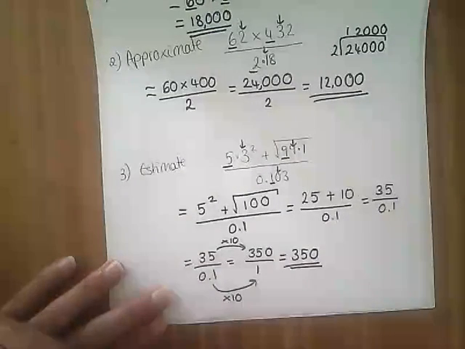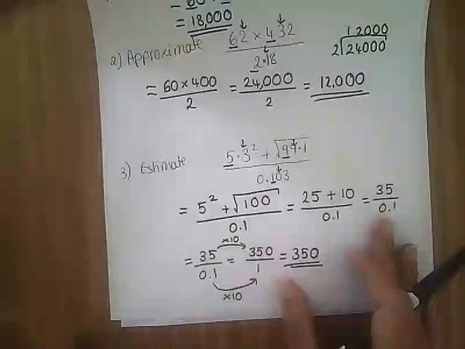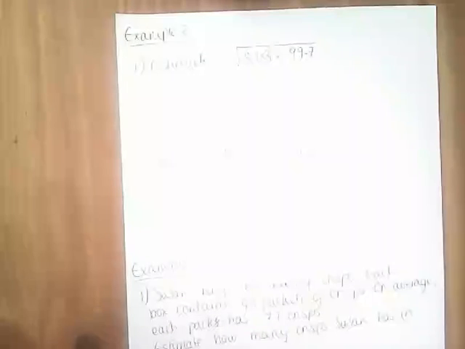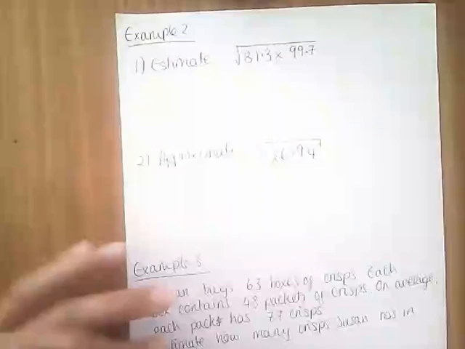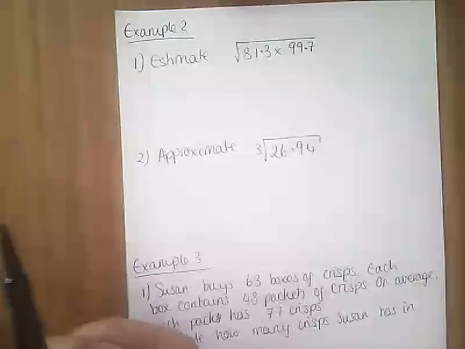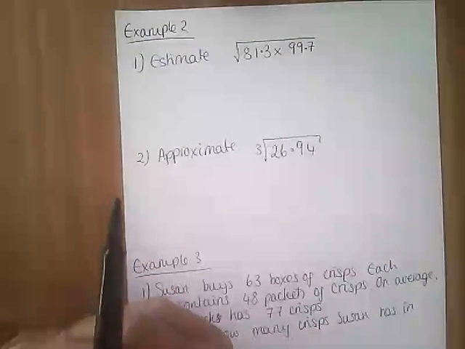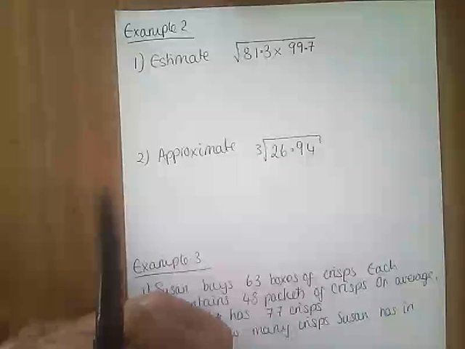So my approximation to this is 350. Right, we're then going to go slightly off piece. You remember at the beginning of this video, I said that when it asks you to estimate, it wants you to round everything to one significant figure. Now that is true almost all of the time.